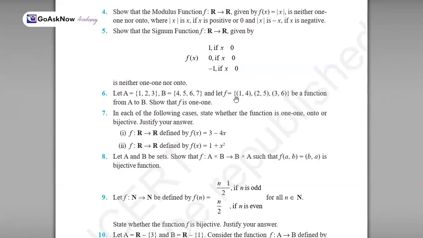So f is a function containing ordered pairs from A to B. Show that f is one-one. f is one-one because every element of A is related to a unique element of set B. See here, (1, 4) is there, (2, 5) is there, and (3, 6) is there. It is a simple question. You can solve it by yourself also. It is a one-one function.